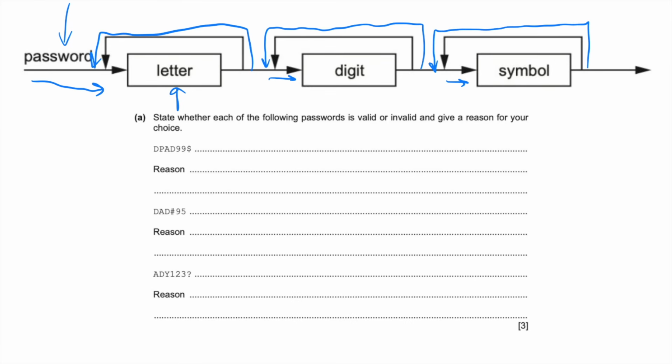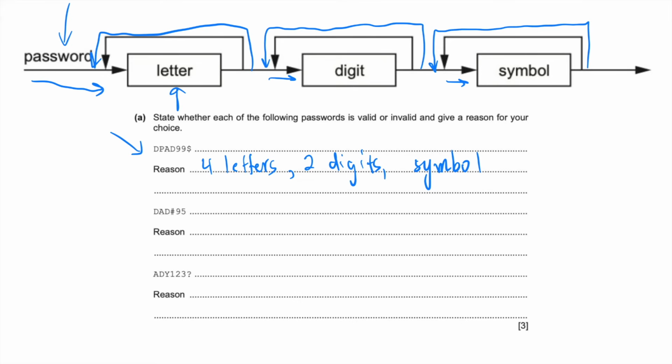Given that we know that, let's see whether these different passwords are valid or invalid, because that's what the question's asking us. If you look at dpad$99, we've got 4 letters, then 2 digits, and then a symbol. So that follows the format of the password.